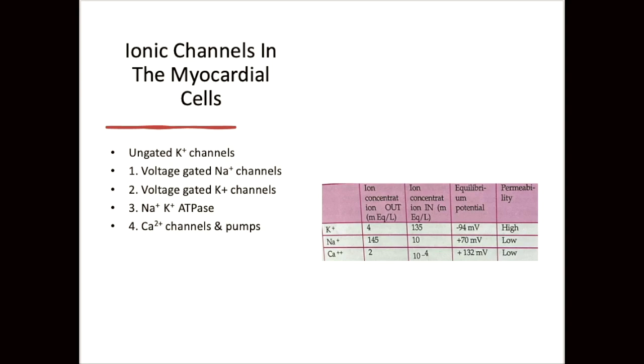Like other excitable tissue cells, the myocardial cells also possess mechanisms to allow transport of various ions, for example sodium ion, potassium ion and calcium ion, in the form of channels and pumps, which you can see on the screen.